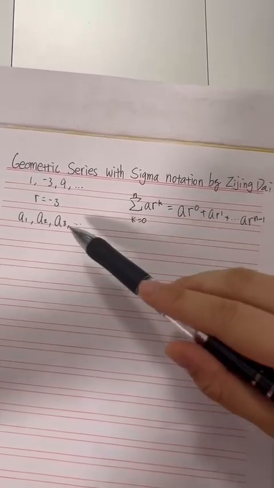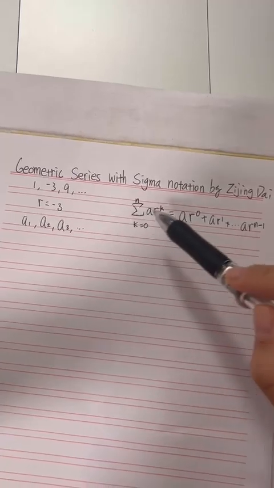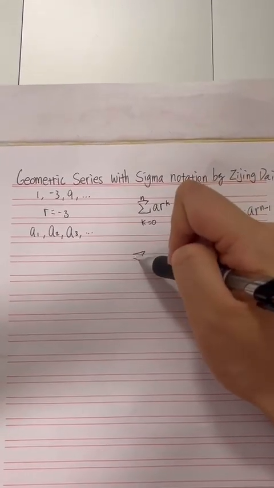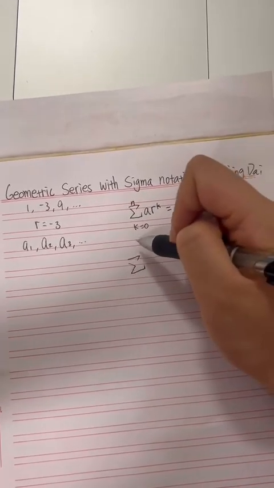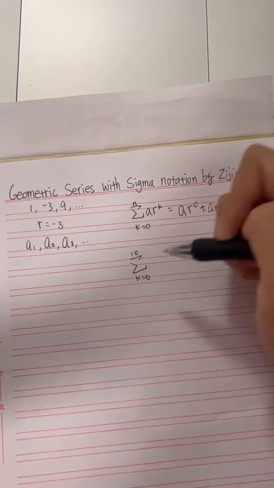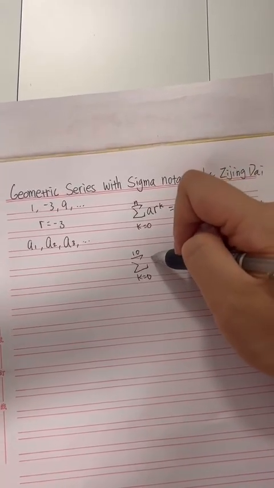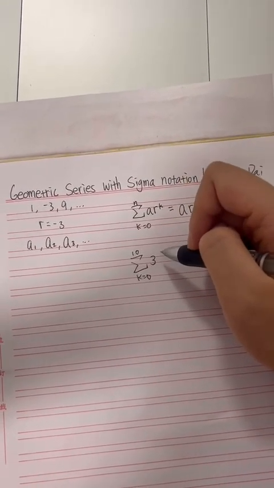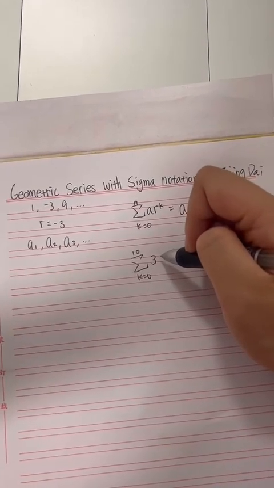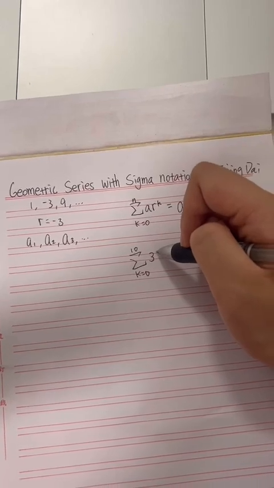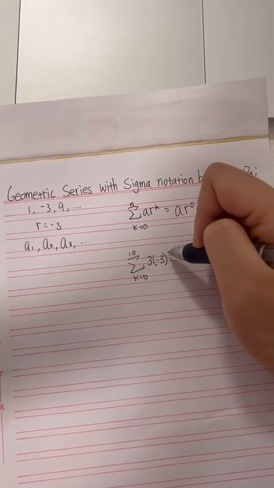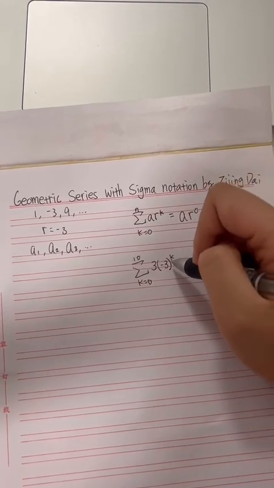Now we know what is sigma notation and geometric series. We can look at a problem like this. Calculate the sum of 10 terms, starting with k equals 0, and the numbers are written as 3 times the common ratio -3 to the kth power.